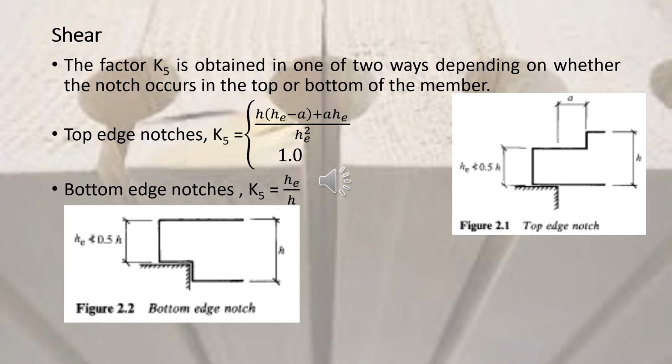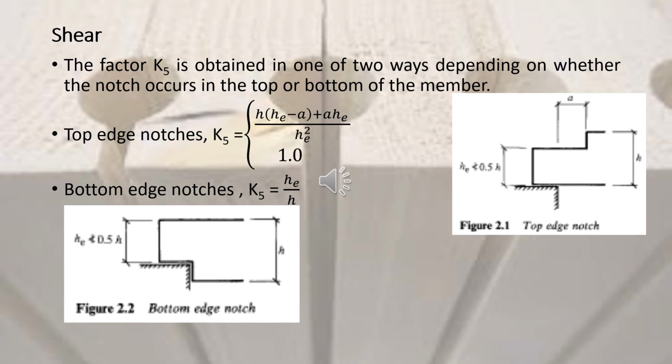For top edge notches, we have to use this particular formula. For bottom edge notches, K5 is simply the effective height divided by the normal height of the section.